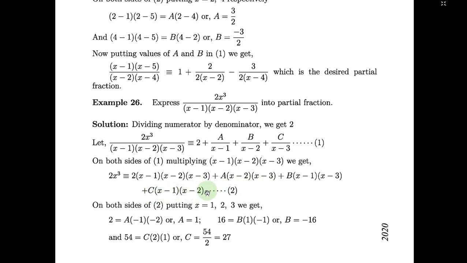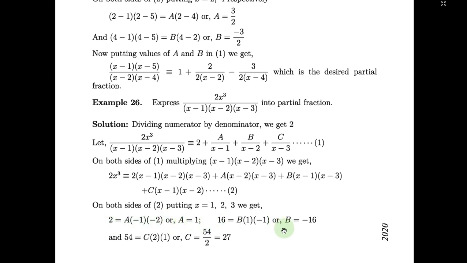The procedure is similar to the previous problem. Putting the value of x, you'll see that the coefficient of b and the coefficient of c will be 0. So b and c will vanish, and you can find the value of a, which is a equal to 1.